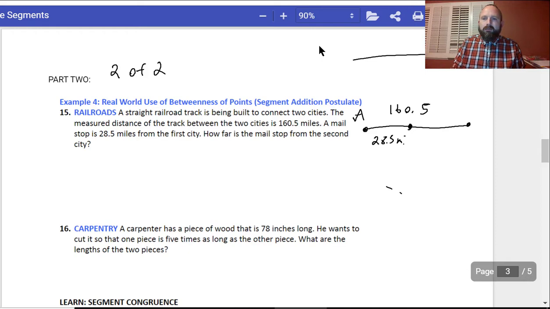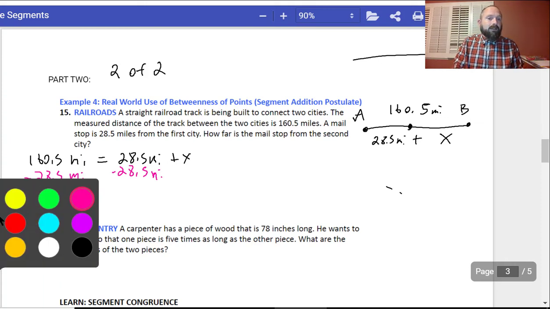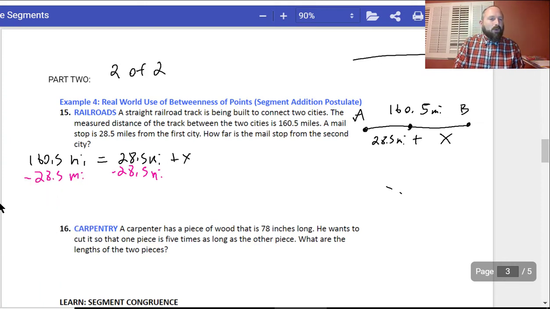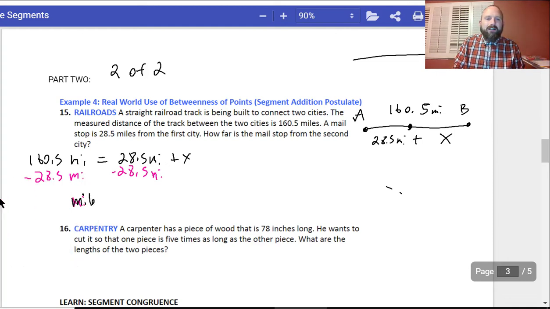Basically, we have an equation, and we're going to subtract. So I know that 160.5 miles is equal to 28.5 miles plus x. Just subtract 28.5 on both sides. Technically it's not 28.5, it's 28.5 miles. When we do that, the 0.5s cancel out, and we should still have miles.